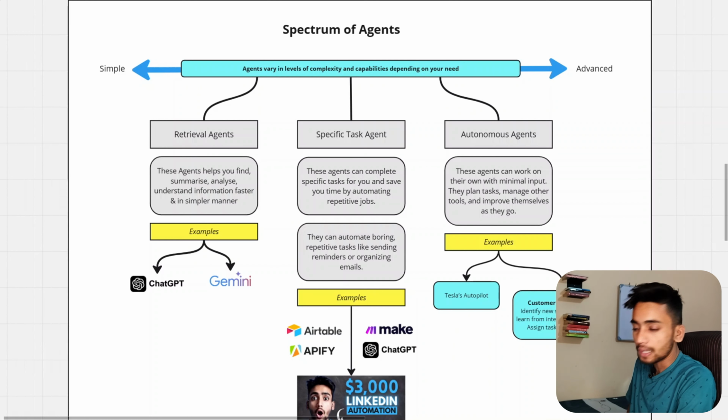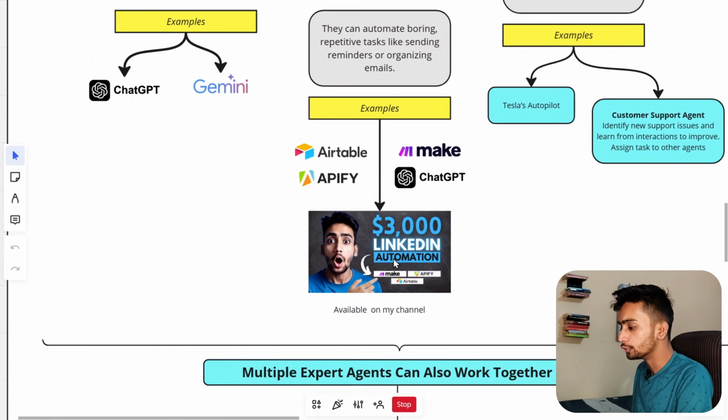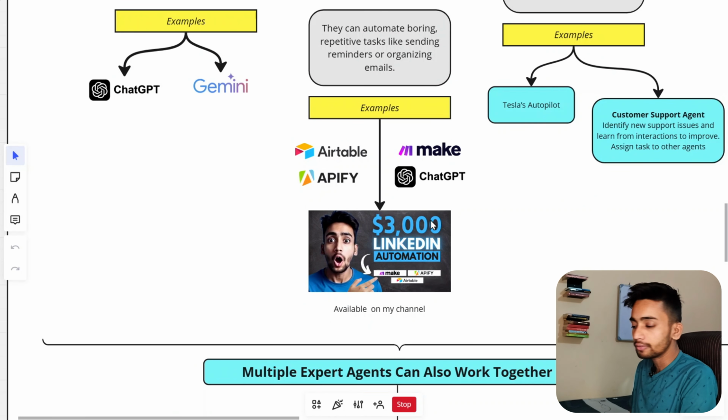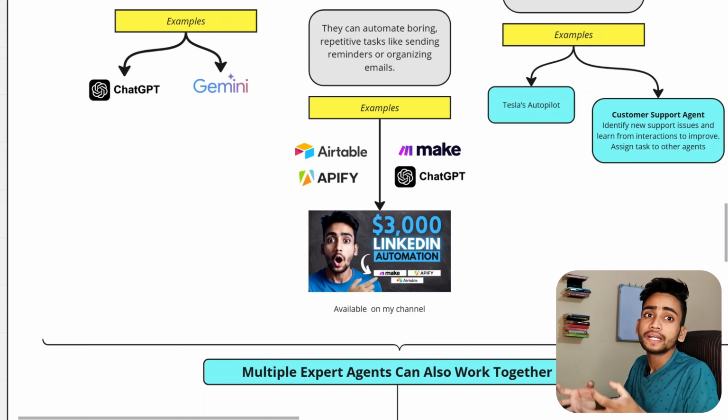To give you an example, on this YouTube channel I have already created one video. This is the thumbnail of that video. You can check it on my YouTube channel. There I have made an agent which is designed for the specific task of posting content on LinkedIn. So the task is to generate content and post it on my LinkedIn.